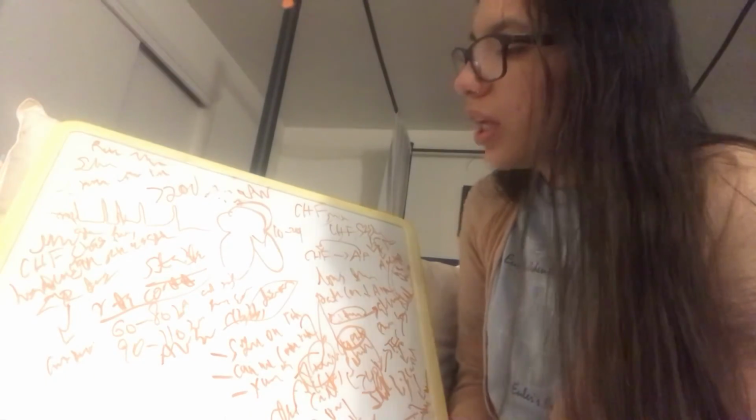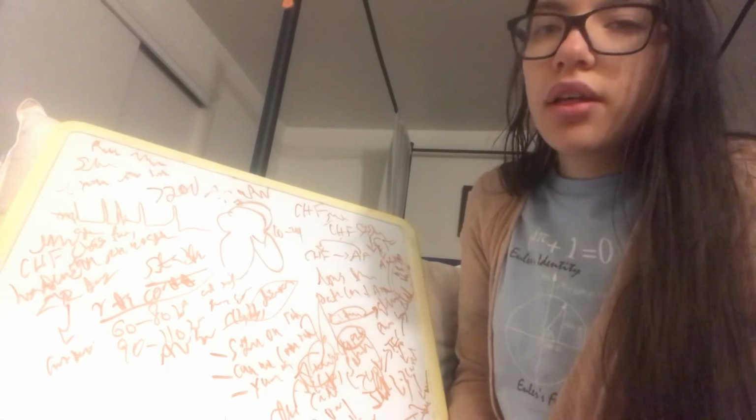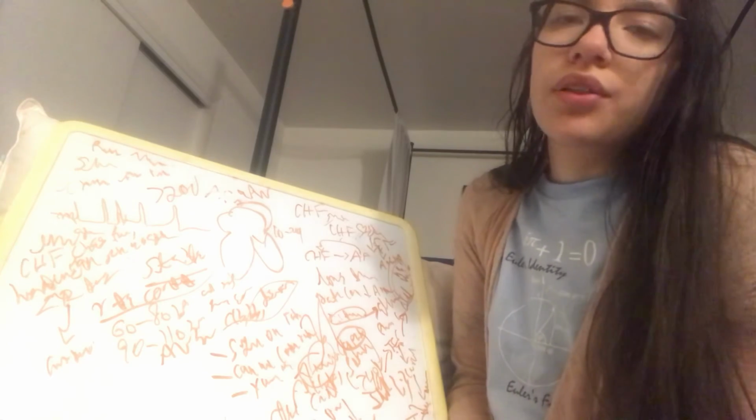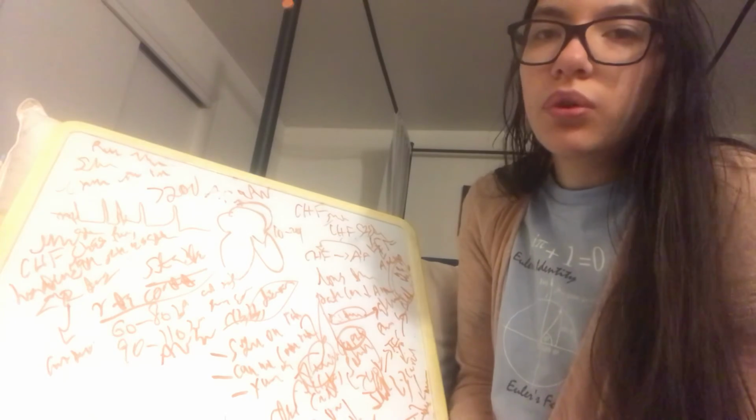The treatment for a patient that is unstable is synchronized cardioversion. A patient that is stable, rate control. Then we can try rhythm control for patients that are young with no structural problem, patients that are symptomatic on rate control, or patients that cannot be controlled with rate control.